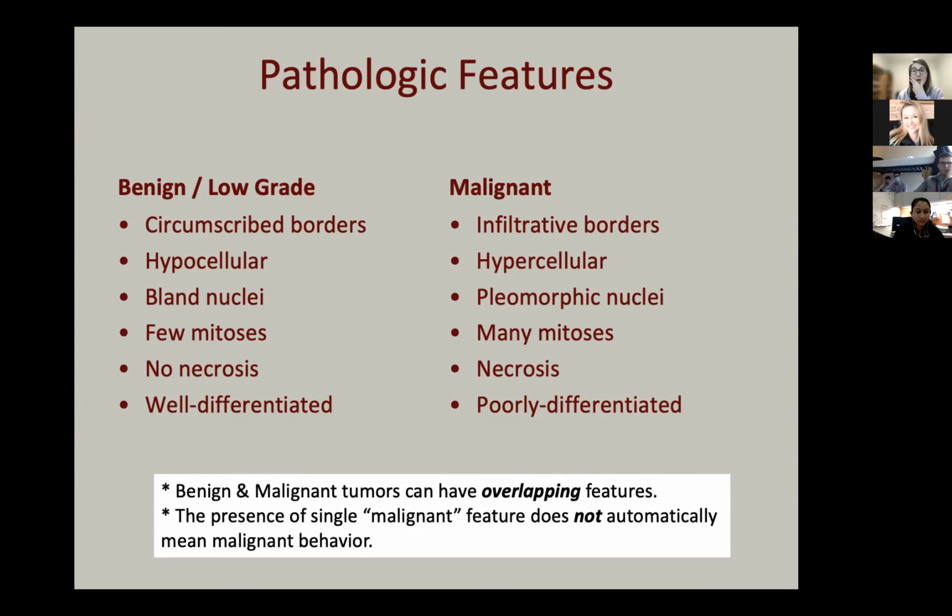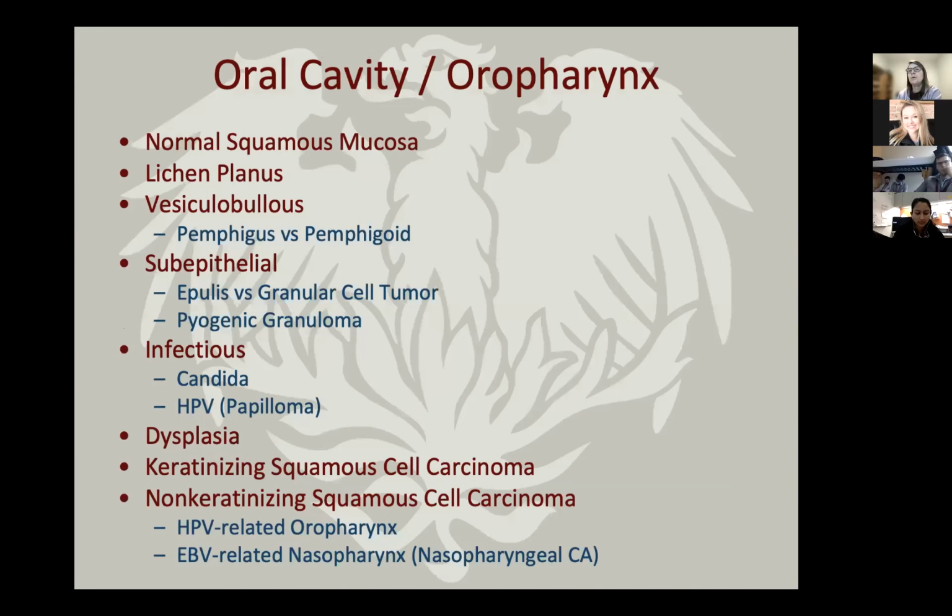But as I said before, some benign and malignant tumors can have overlapping features, right? So a benign lesion can be somewhat infiltrative at the periphery, and a malignant lesion might be circumscribed in areas, okay? So the presence of a single feature on one or the other side doesn't automatically mean that it is what it is, but again, all things in consideration. Okay, questions based on that before we move on into the more specific lesions?